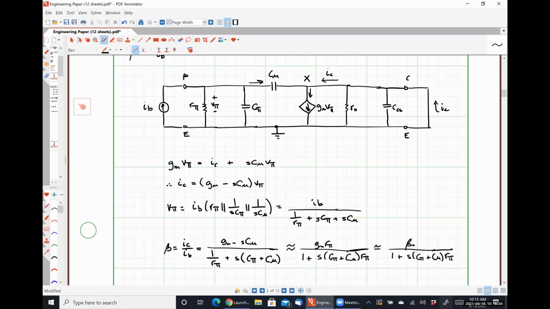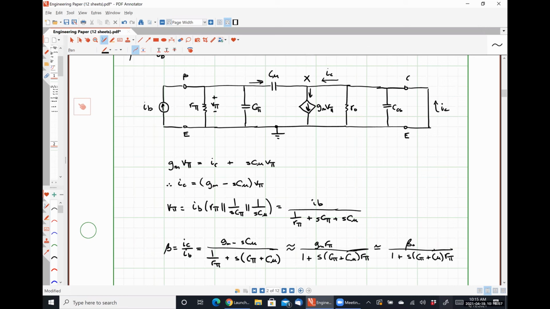So we now have beta as a function of frequency. What type of response should we see based on this? Anybody got any thoughts? Anybody remember anything from when we talked about filters in circuits 2 or circuits 3, or when you guys should have done this in 321 last quarter?